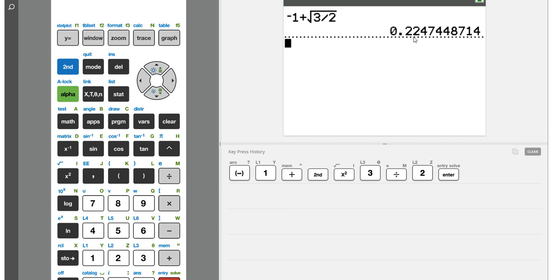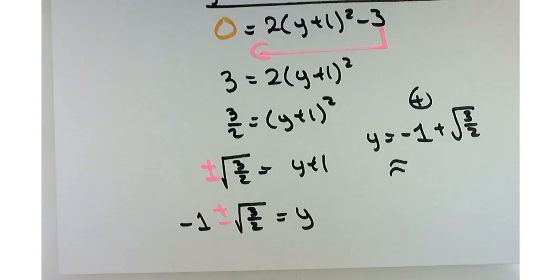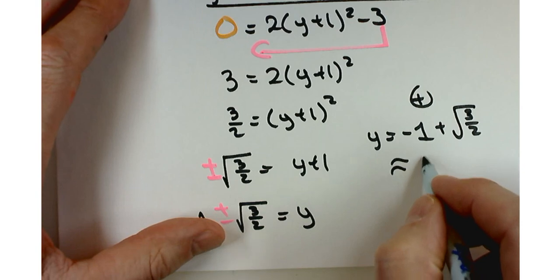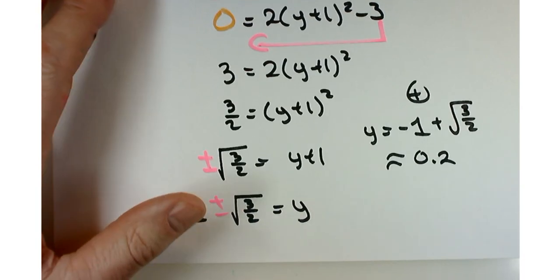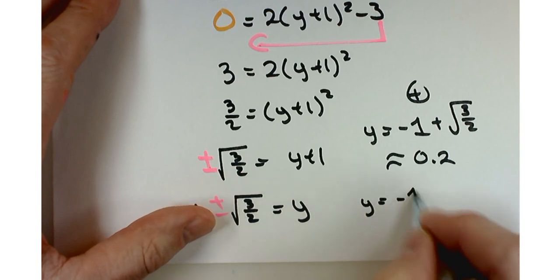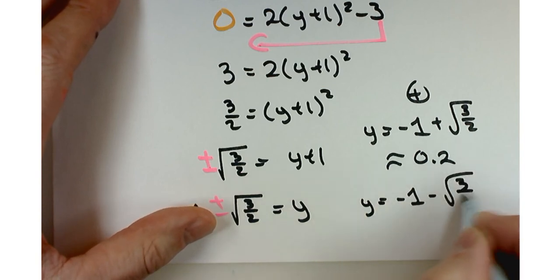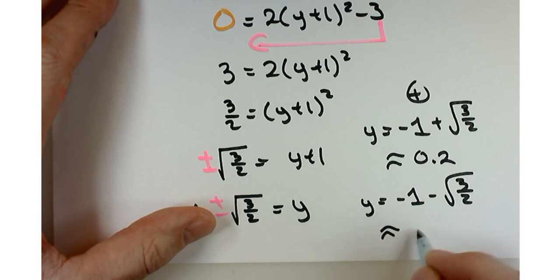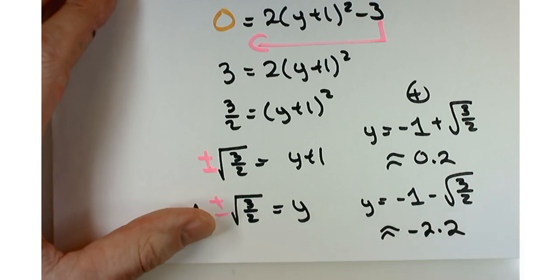Should have been -0.22. I'm not going to look at it that closely. So what you want to do is just give yourself the nearest tenth, 0.2. And then likewise, -1 minus the square root of 3 over 2 is about -2.2.